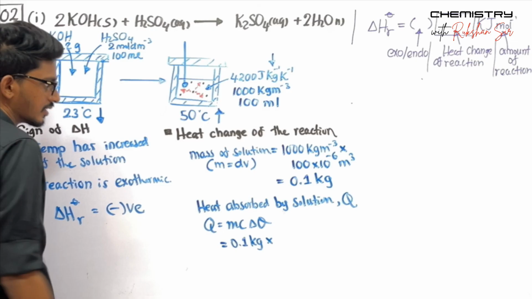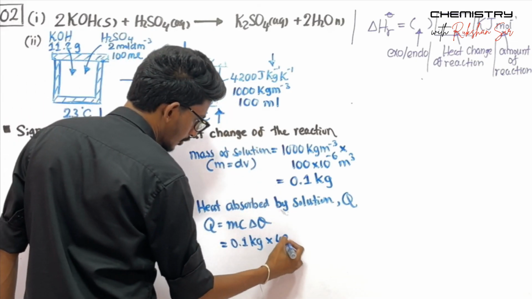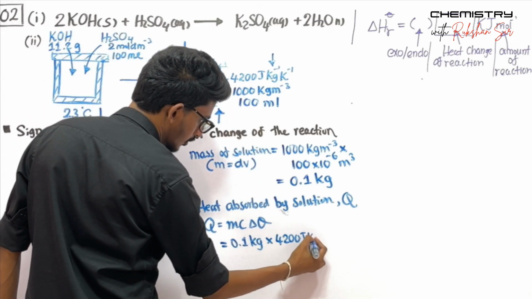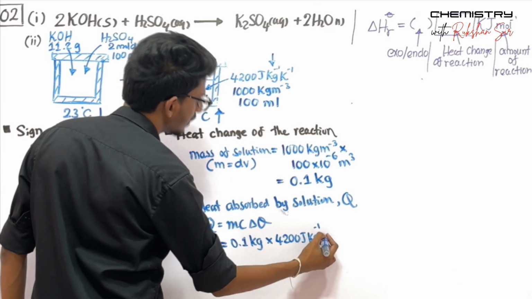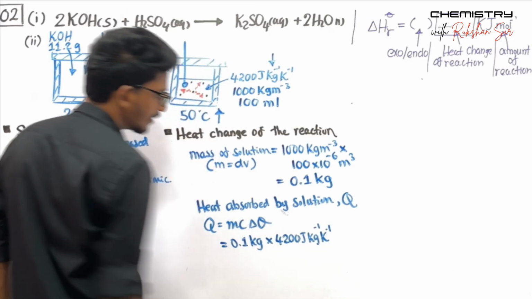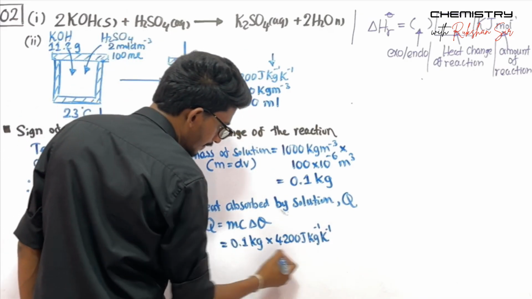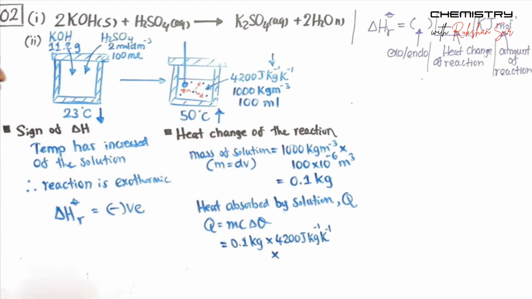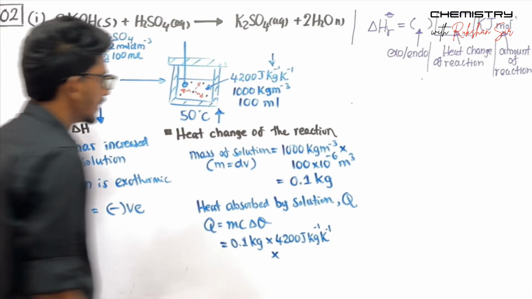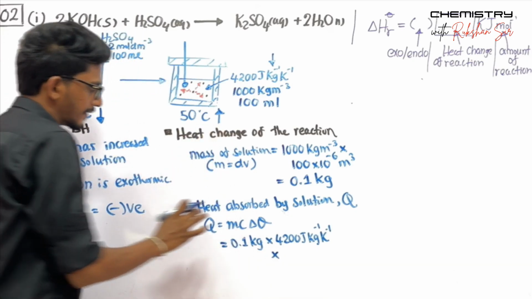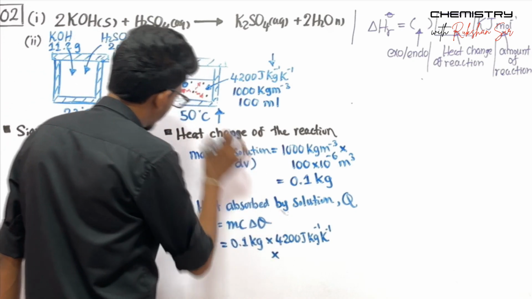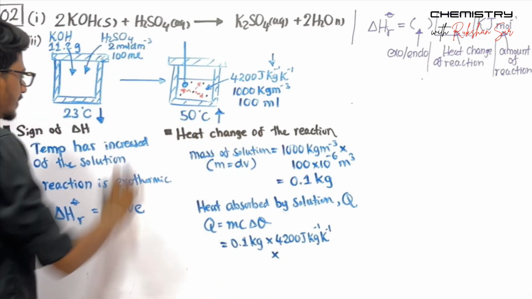times C, the specific heat capacity, which is 1200 joules per kilogram per Kelvin, or per Celsius, both are the same, times delta T, right? The Celsius difference and the Kelvin difference are the same.